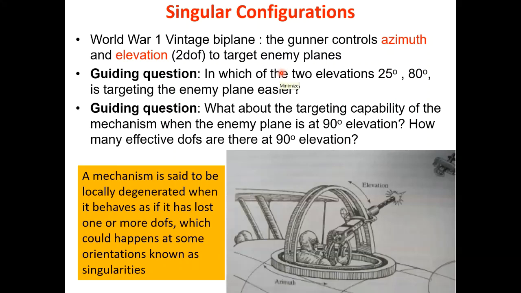Any other answers? Which of these two angles, 25 or 80, right, would you prefer as the gunner? You are the gunner, right? You want to shoot down the plane. If it comes at 25 degree elevation or 80 degree elevation.